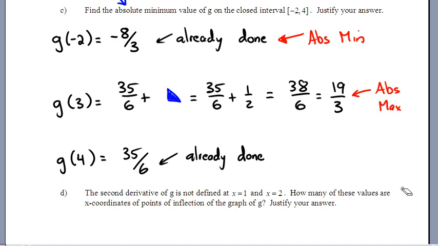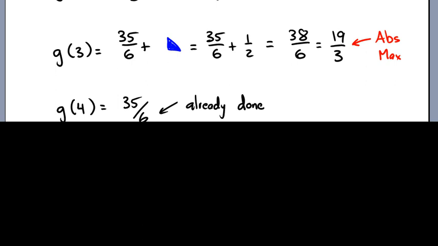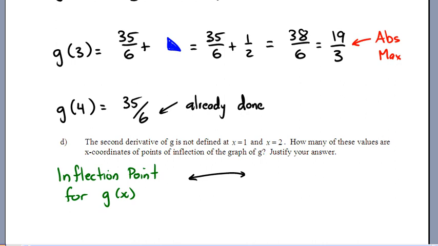How many of these values are x coordinates of points of inflection for g? And then you have to justify your answer. This is actually pretty easy to do. It goes like this. If you've got an inflection point for g of x, that goes hand in hand with the idea that g double prime, the derivative of the derivative, the second derivative of g, must change sign.